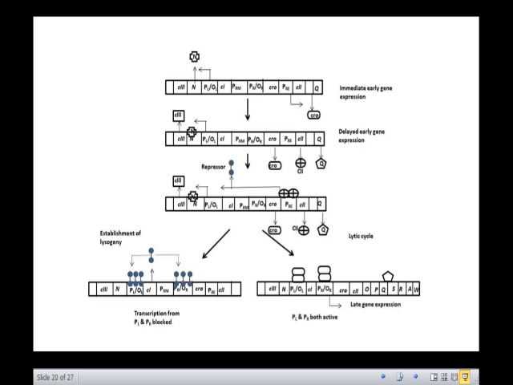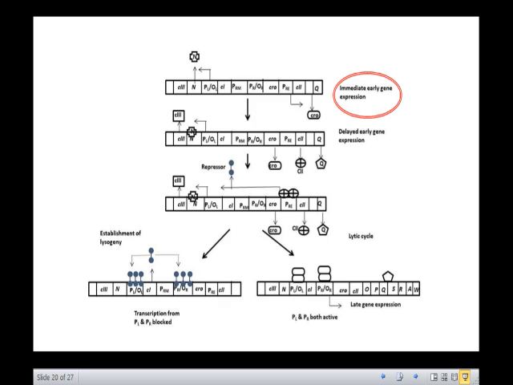Let us now see the details of this particular molecular event. The initial events are common for both lytic and lysogeny. It is later that the two pathways diverge. The host RNA polymerase initiates the transcription of the immediate early genes first.